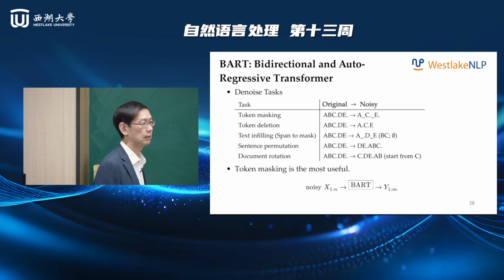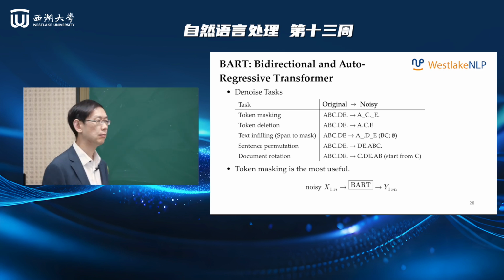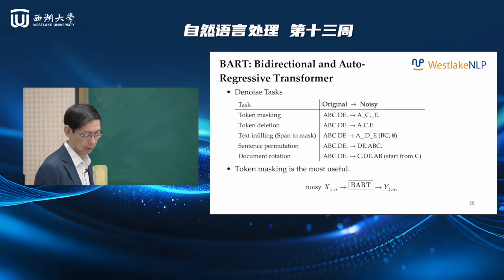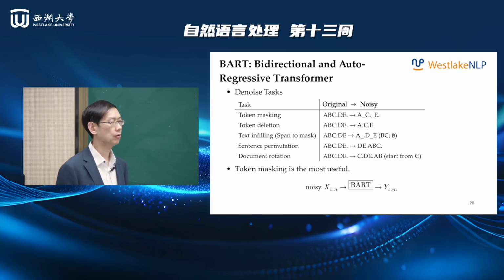So in the end, you have to recover maybe nothing from a mask, or you recover a small phrase from the mask. Another task is sentence permutation, where BART can take multiple sentences as the input, and you permute the sentence order for the language model to predict the original version. Or you can do a special permutation called rotation.